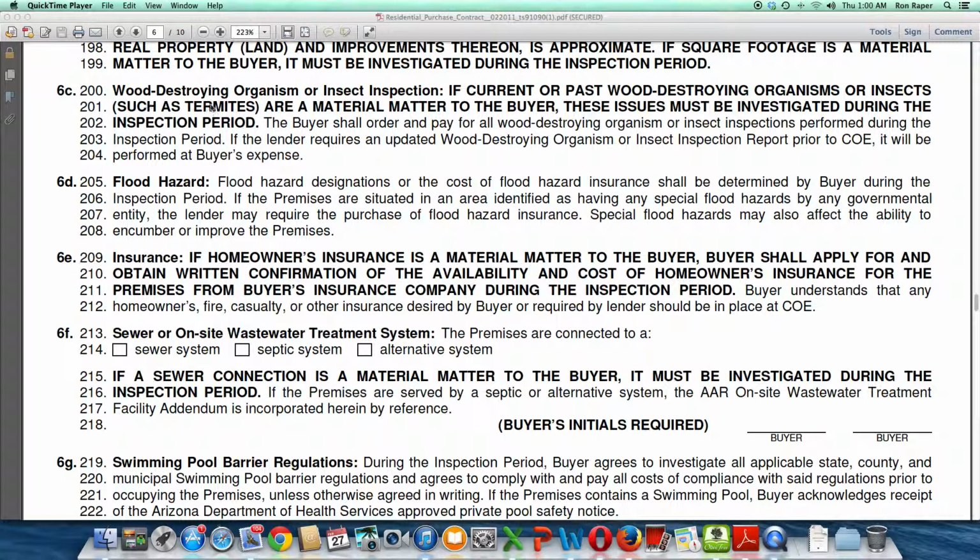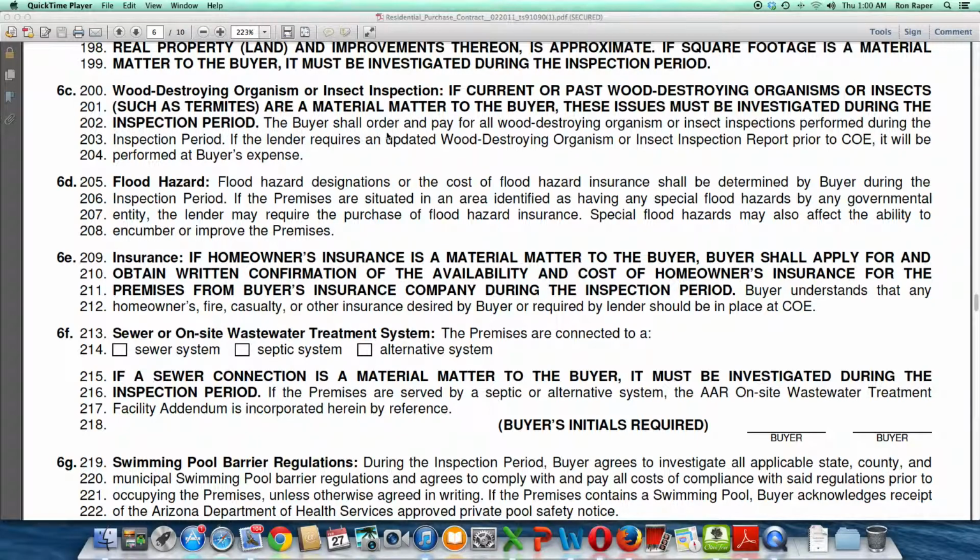Wood destroying organisms or insects inspection. If current or past wood destroying organisms or insects such as termites are a material matter to the buyer, these issues must be investigated during the inspection period.